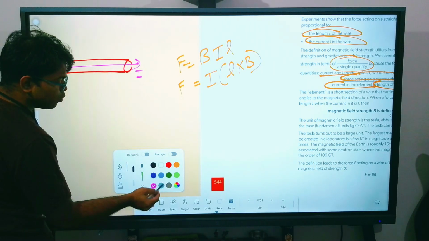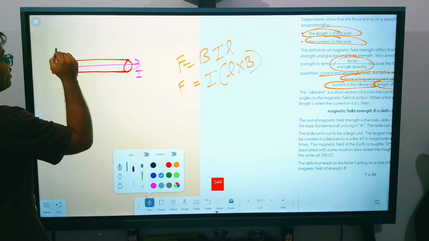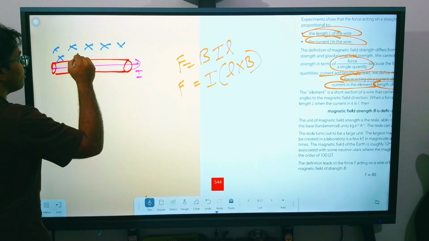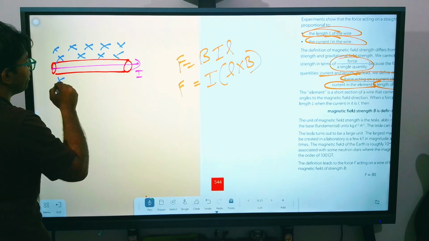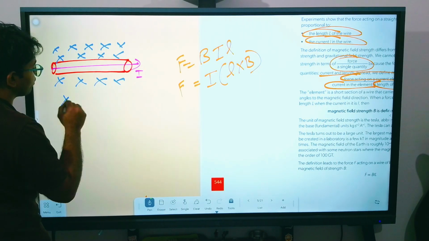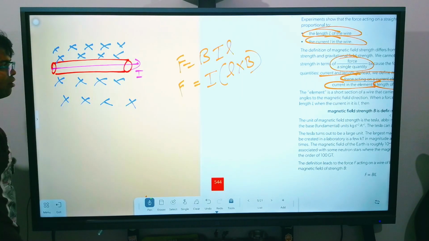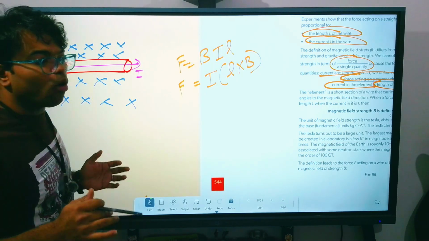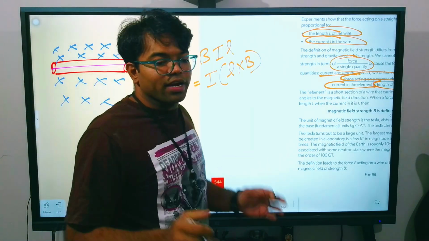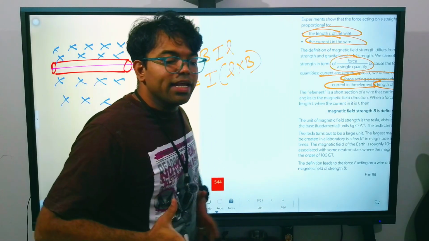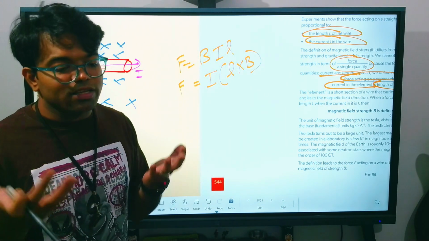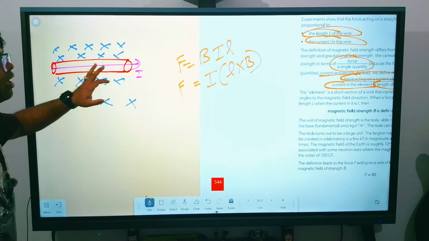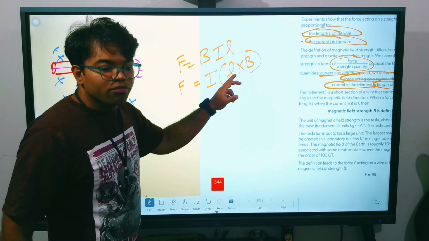And you also have a magnetic field that is going inside the plane of paper. Now dl will always have the direction of current. dl is a small length of the conductor. So this L value will be the direction of current.